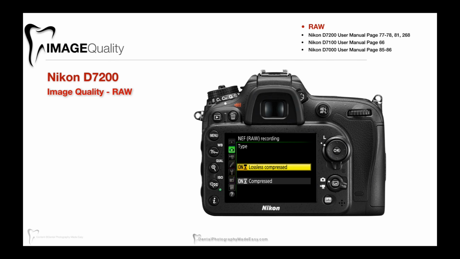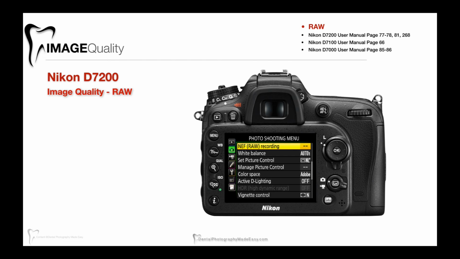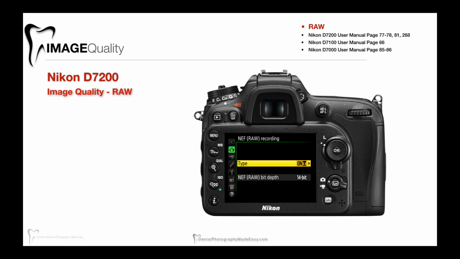So select lossless compressed, and then if you go back into the NEF RAW recording and go down to NEF RAW bit depth, we want to make sure that that's set to 14-bit. It's just a bigger file, slightly bigger file with more information in it.